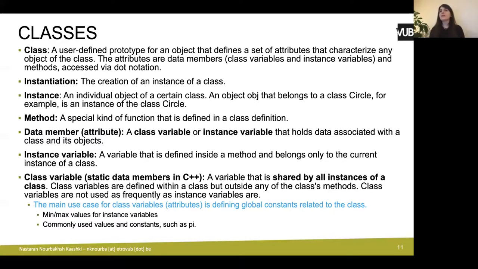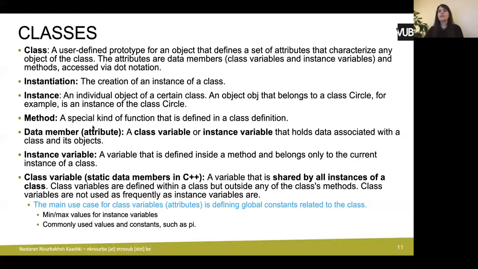We explained what instantiation is, the creation of an instance of a class. What is an instance? It's an individual object of a certain class. For example, we have a class circle. We can have an object called obj. It can have any name. It's just a variable, which is an instance of our circle class.